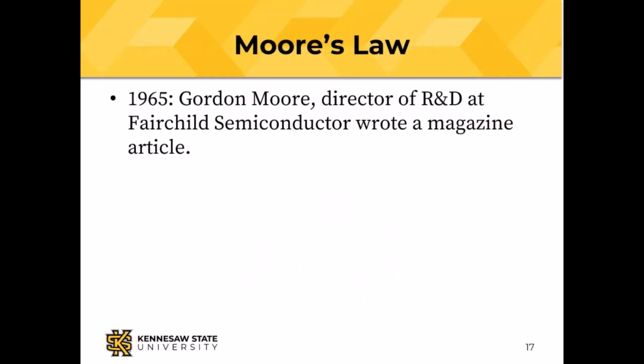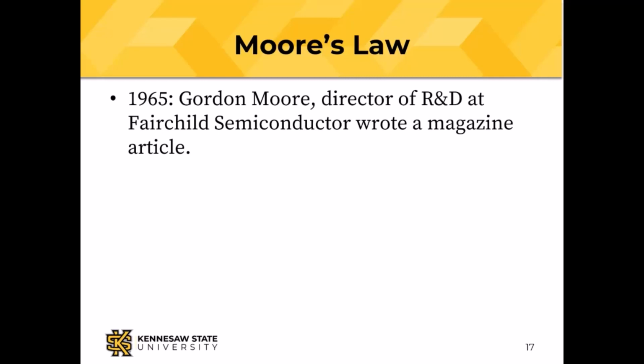In 1965, Gordon Moore, who at that time worked for Fairchild Semiconductor, wrote a magazine article, and what he said was, I have observed that the density of transistors in integrated circuits doubles about every year to 18 months. And then he stuck his neck out and said, I expect that to continue for at least 10 more years.